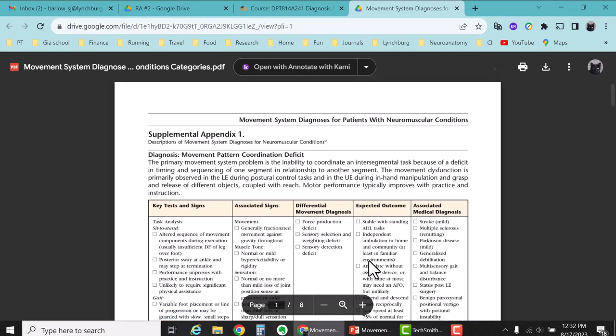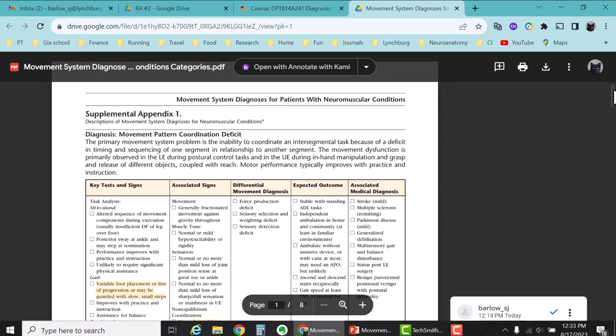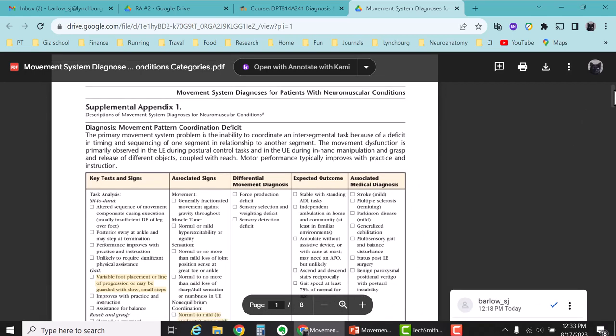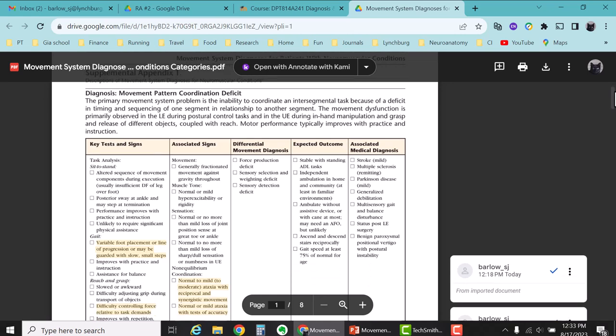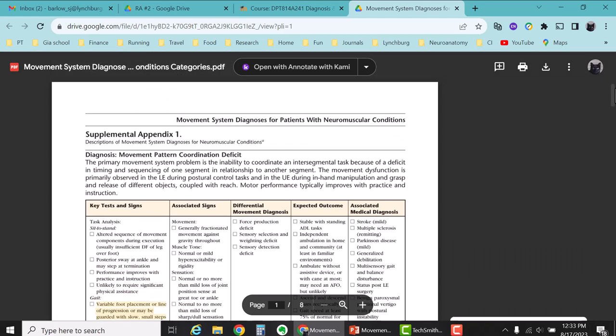For all of the movement system dysfunctions that are listed, I have highlighted in yellow the key tests and signs that I'd like you to be aware of that are associated with this movement system dysfunction.